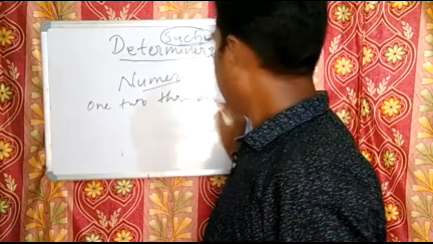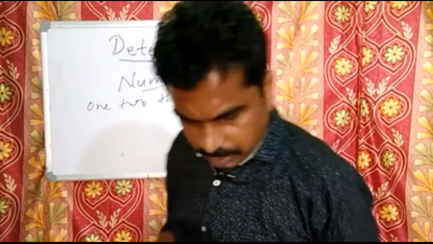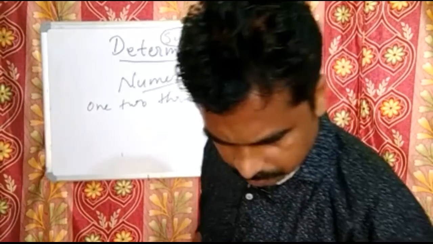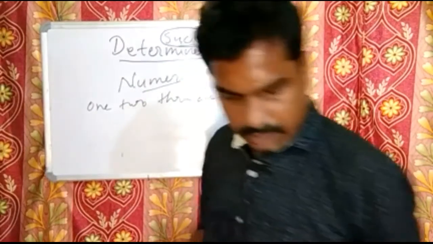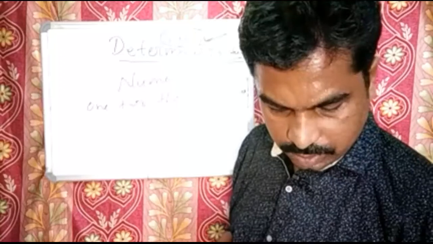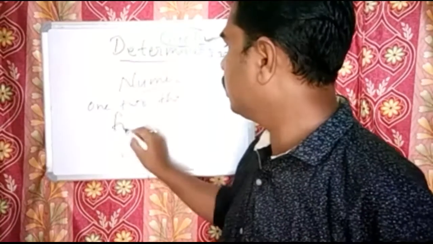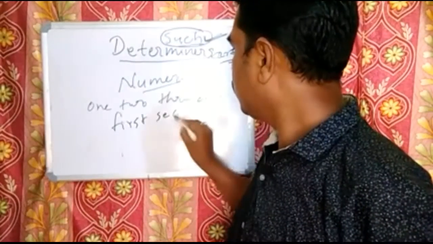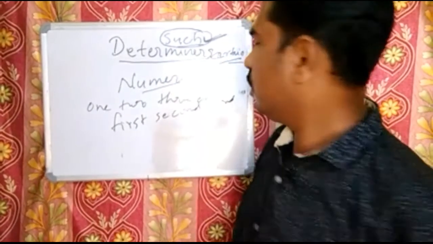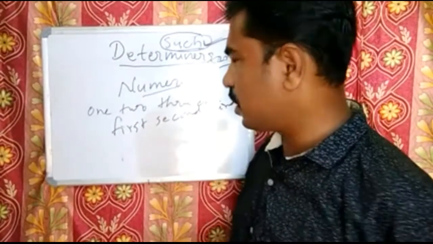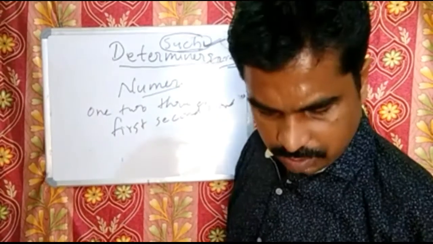All these are also numeral determiners. And we have another group: first, second, third, fourth, last, like that. All this also comes under determiners.